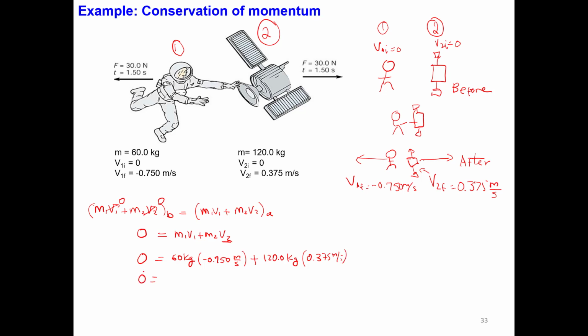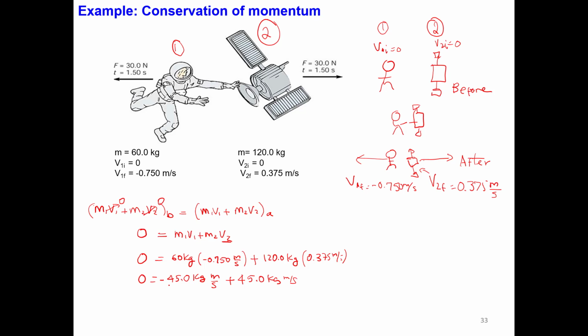And if we multiply these two numbers together, we will get negative 45 kilograms meters per second, plus, if we multiply these two numbers, let me write the correct number of significant digits, negative 45.0 kilograms meters per second.